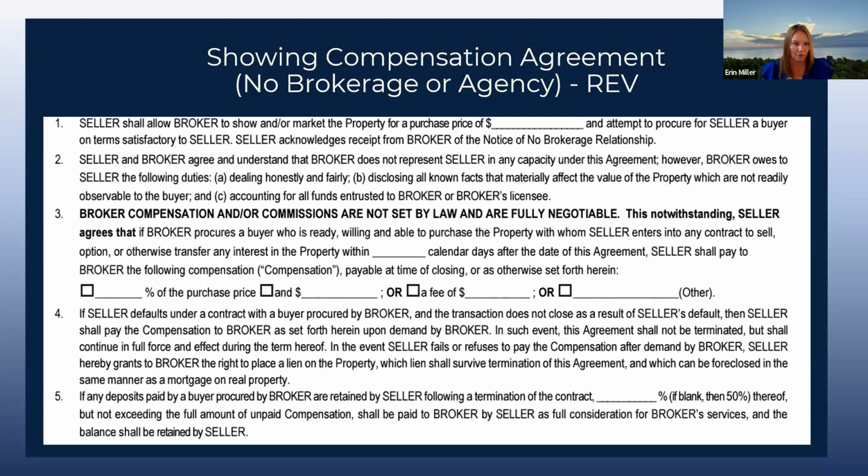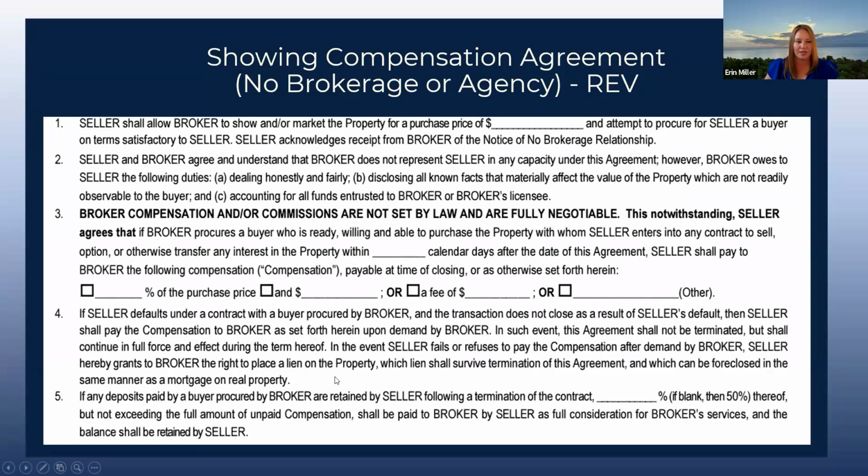And having the seller agree that if broker procures a buyer within blank calendar days after this agreement, seller is going to pay broker compensation. We get to define and negotiate that type of compensation the seller is agreeing to pay the broker.